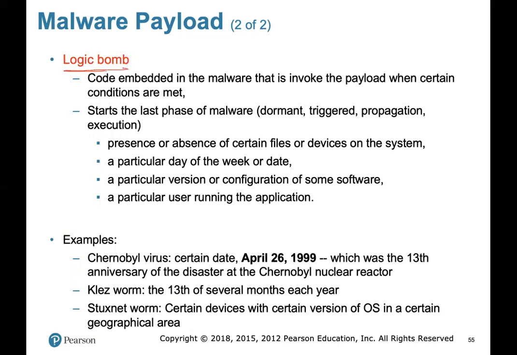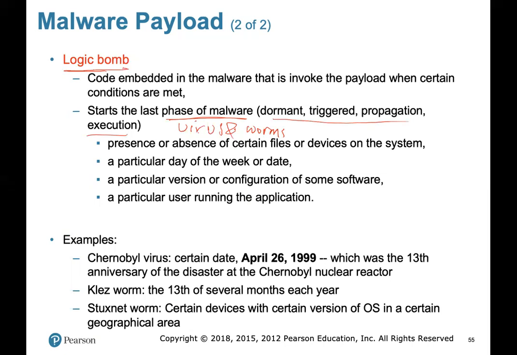Remember, we talked about the phases of malwares, which was the same thing. If you remember, we mentioned this phase for both viruses and also for worms. We counted a series of cycles like this. The first phase is that our malware is dormant.